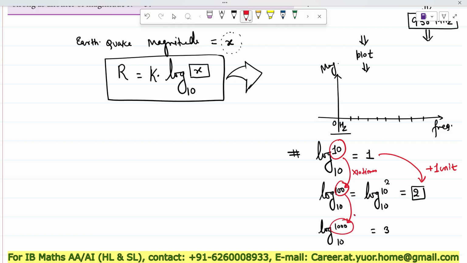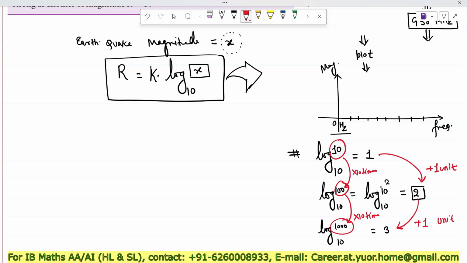If your value gets 10 times again, the value of log will increase by just 1 unit. It is not 2 times of 2. Is it okay? Are you getting? So see, this 10 to 1000, that is 100 times, gets represented by just an increment of 2. So in this way you can represent a very large number in a small scaling.